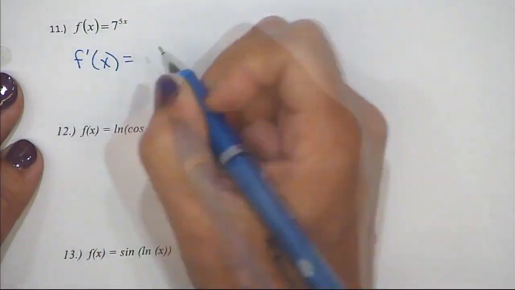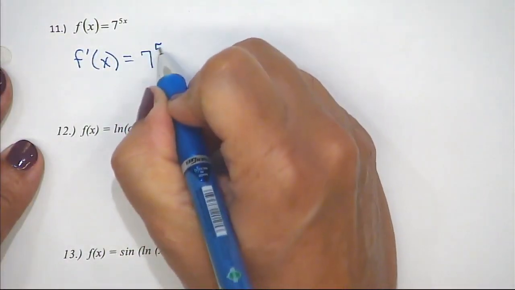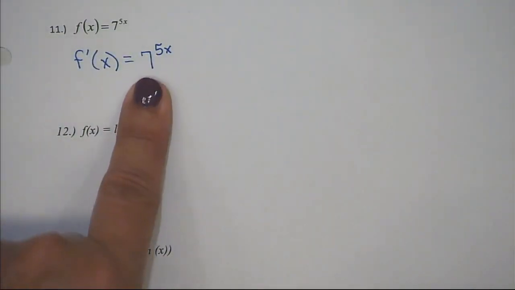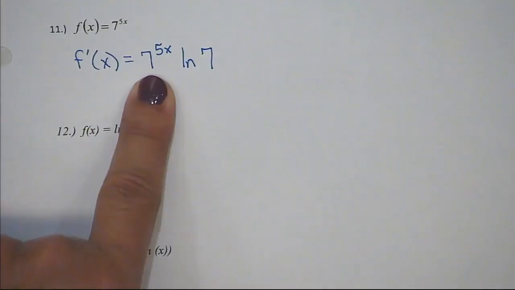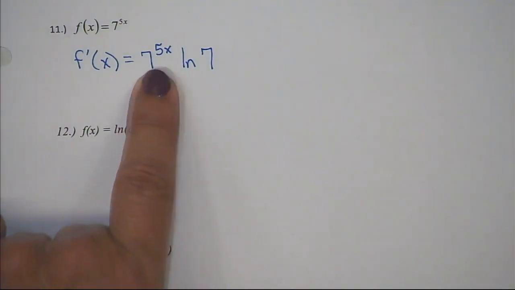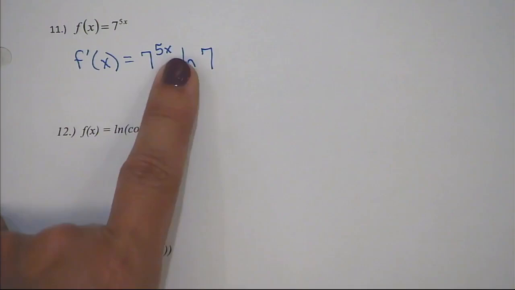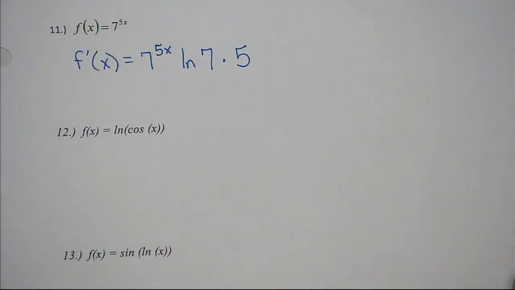So the derivative of anything raised to a power is anything raised to that power. So 7 to the 5x. So we start off with the original function. But since the base is not e, we have to tack on the natural log of the base. And then what? Derivative of the exponent, because that's a function right there. So what's the derivative of 5x? 5.